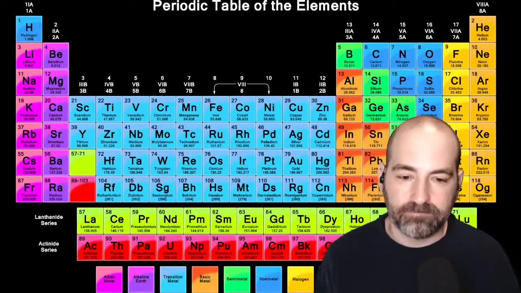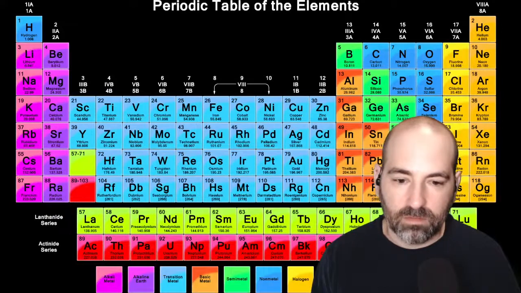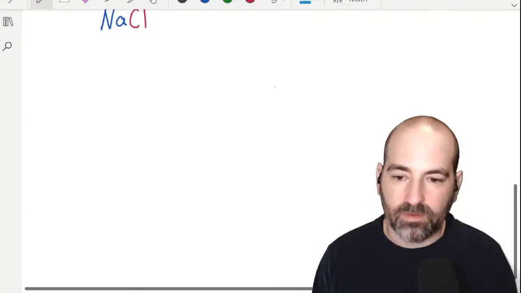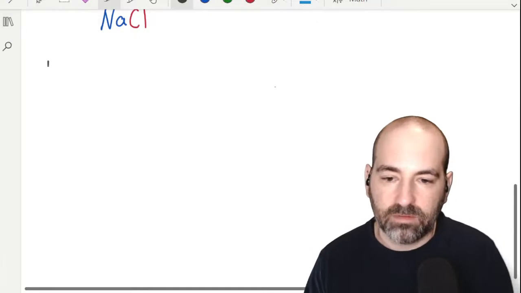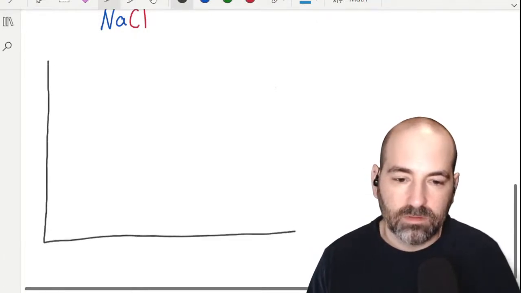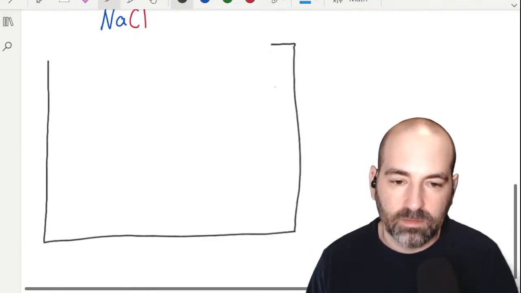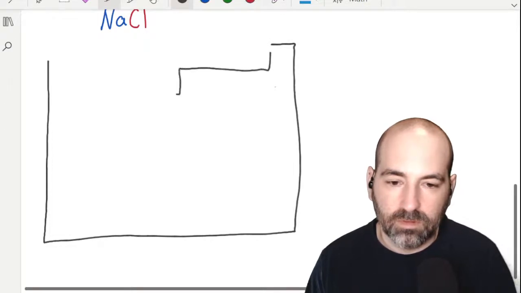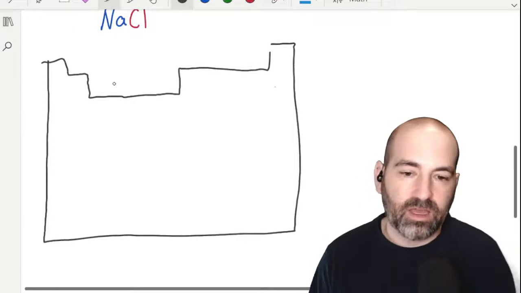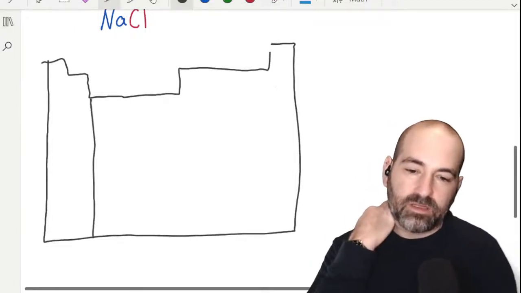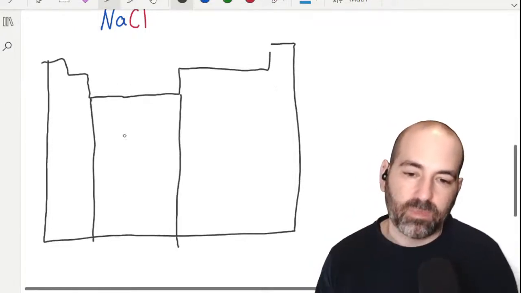Oh no, let me go back to the notes here. There we go. And I'm just going to draw the shape of the periodic table. We're going to make that middle part really skinny because, like I said, we can ignore it here. So here's this middle section, this B section.